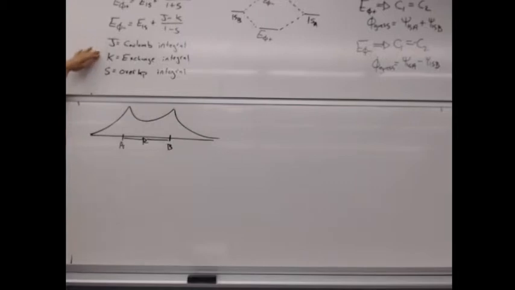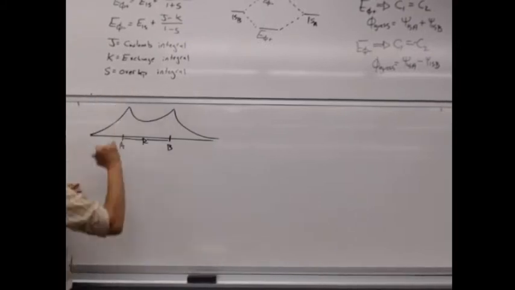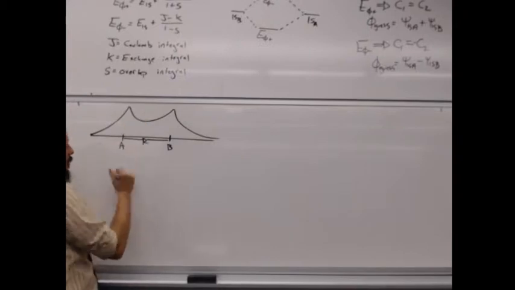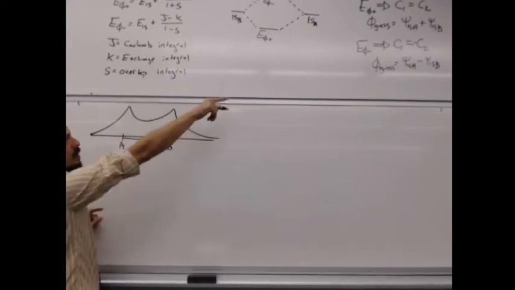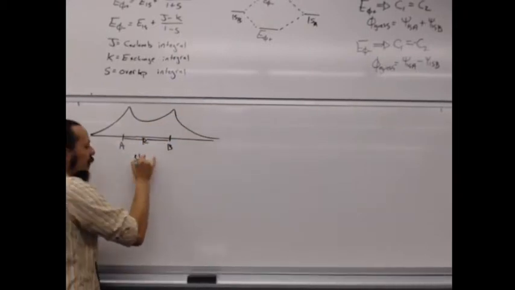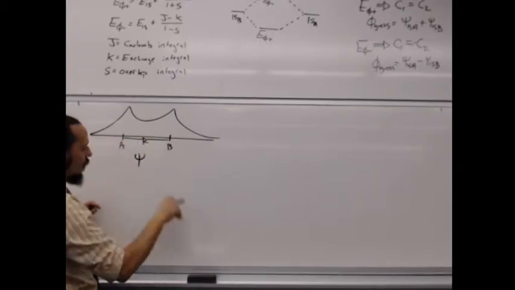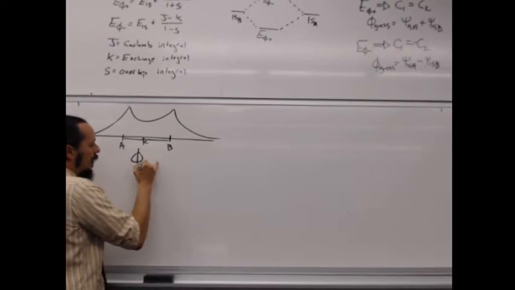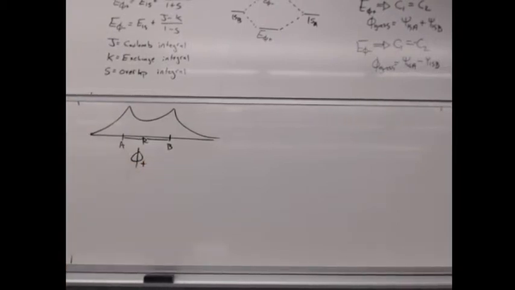Because remember, all of these integrals, after we go through all the trouble of that, they just depend on the internuclear distance r. This would be for that additive case where there's cooperation between the two atomic orbitals. I'm going to call this the phi plus case for that additive energy.